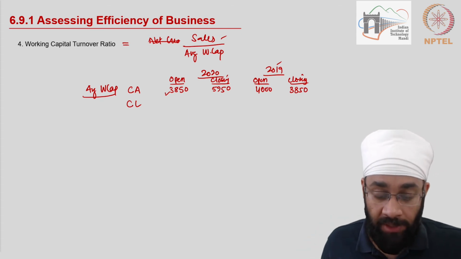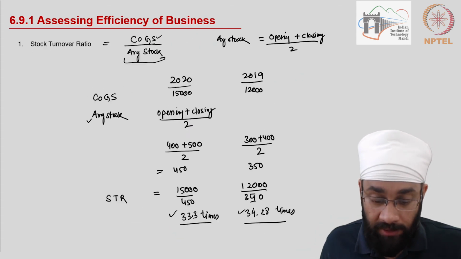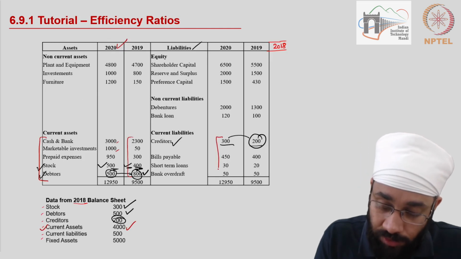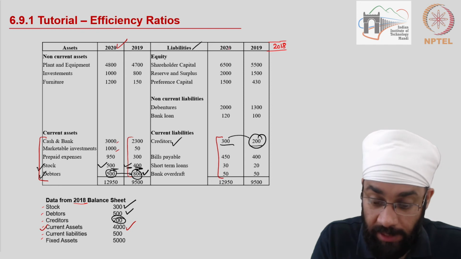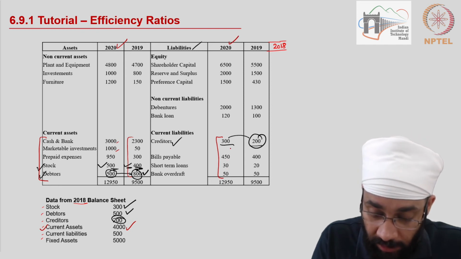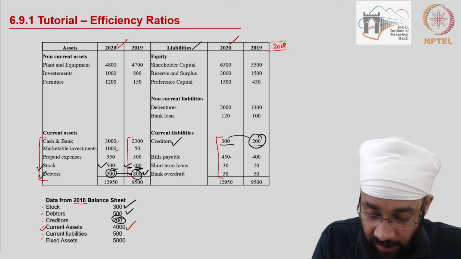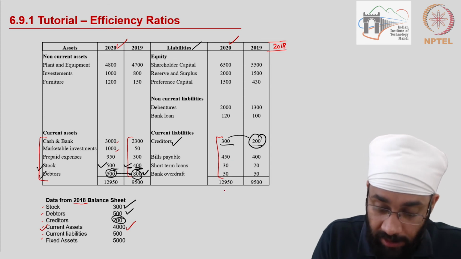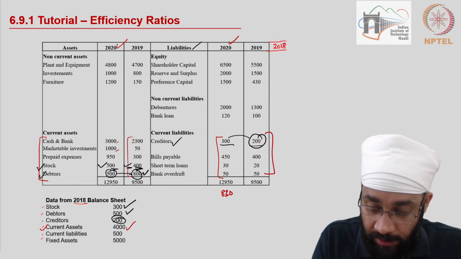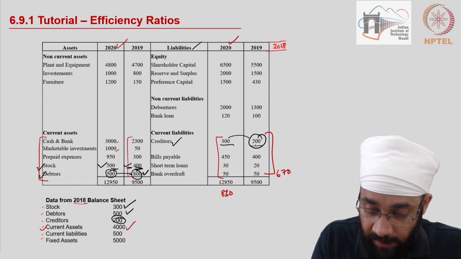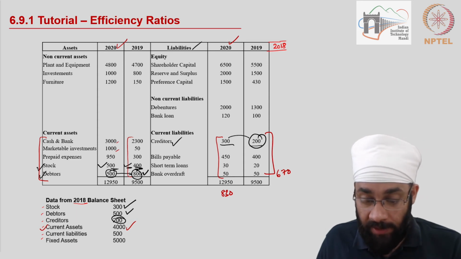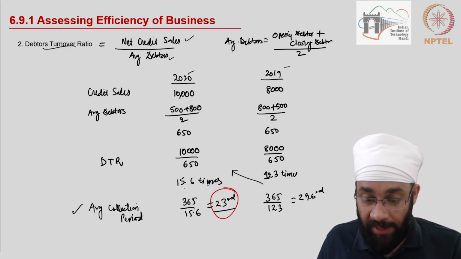Likewise, we will calculate the numbers for the current liabilities. Here, the closing balance of current liabilities is the total of this in 2020. So this comes out to be how much? This is 750, 830, and the other amount is going to be 670. So the creditors in 2020 are 830.